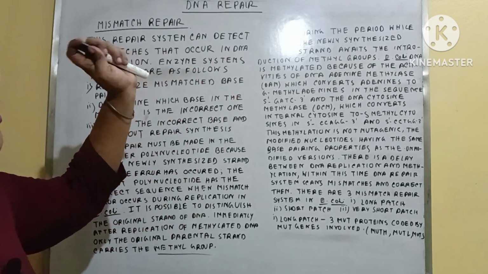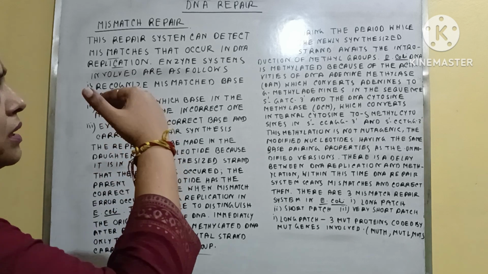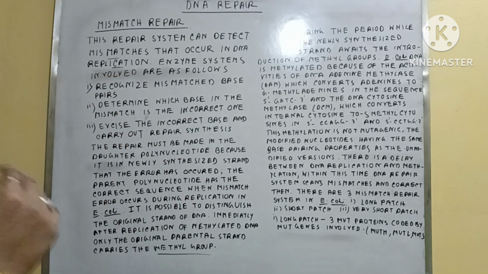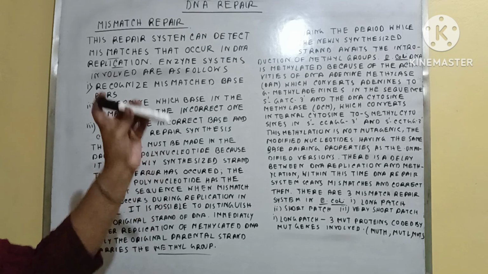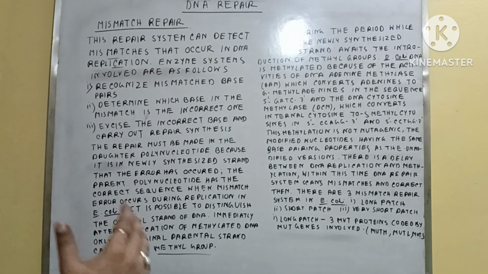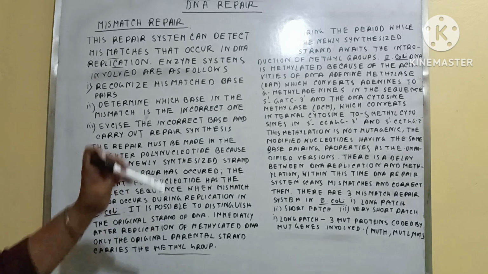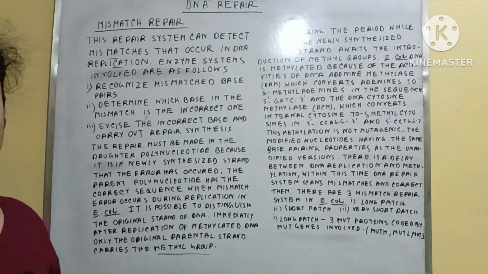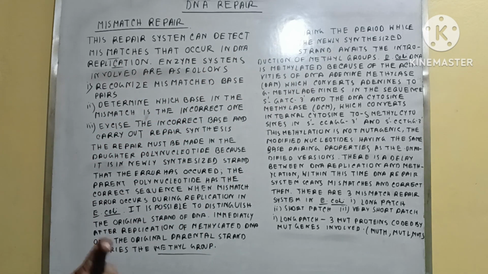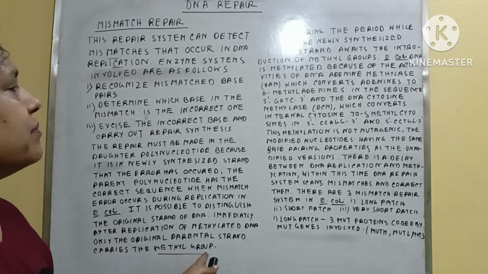This is one thing: before the recognition of the mismatches, during replication, the newly formed strand awaits the introduction of the methyl groups, which are already present in the parental strand.